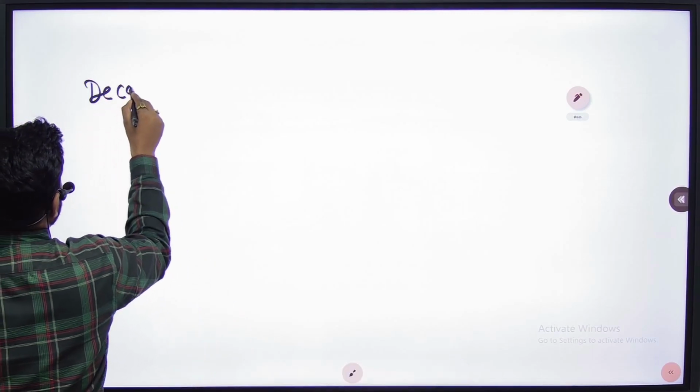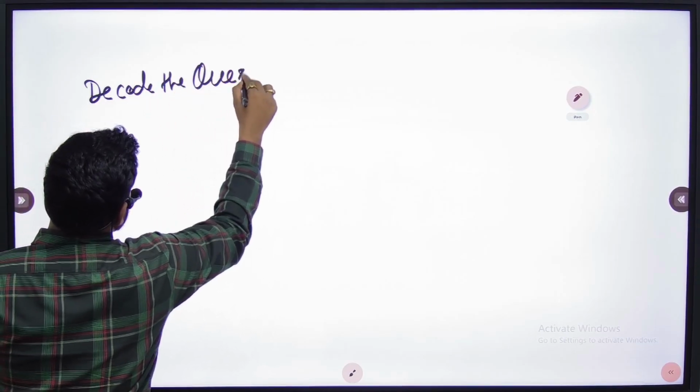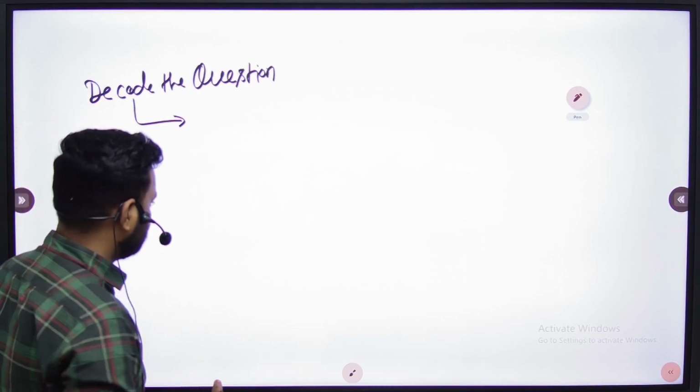Decode the question, because decoding of the question is very important.